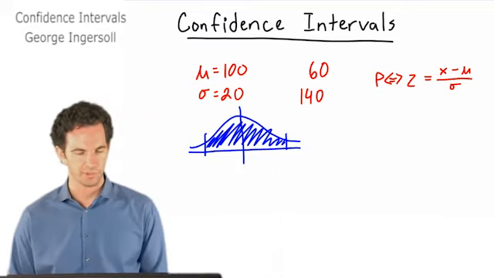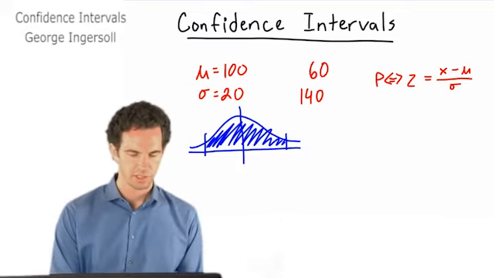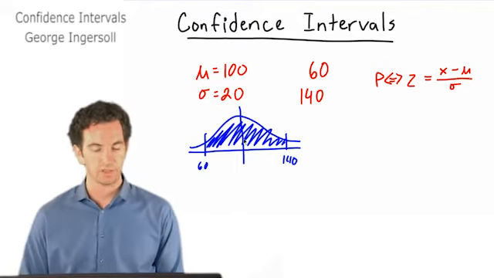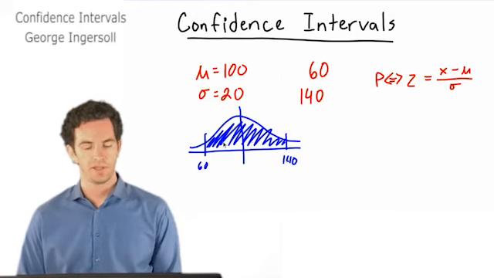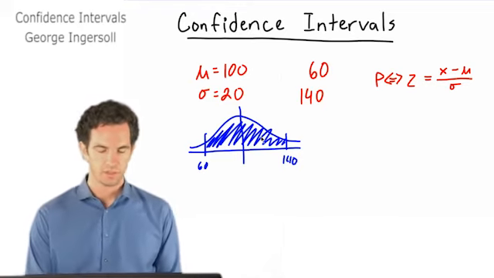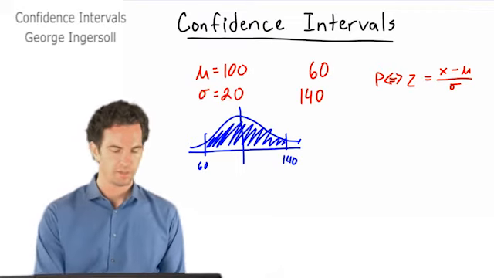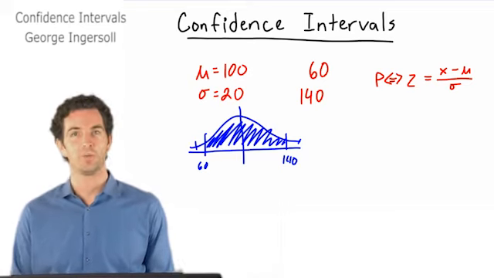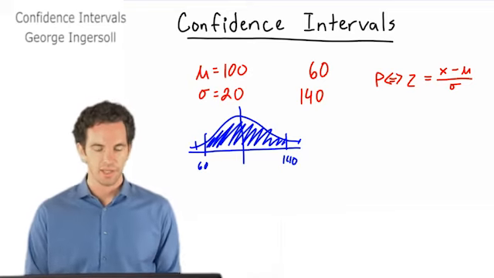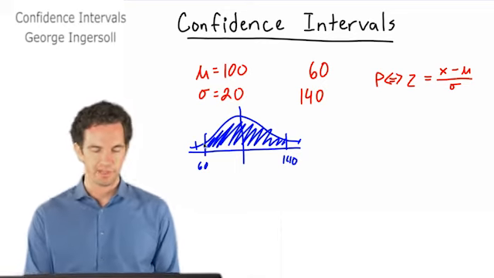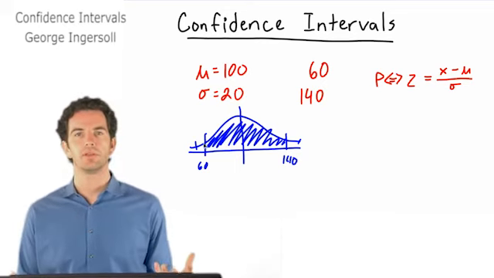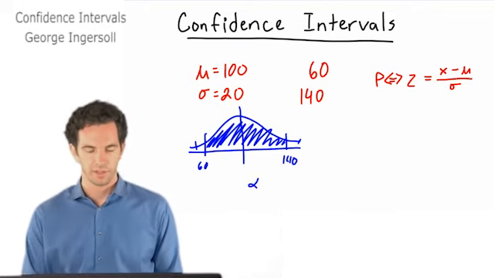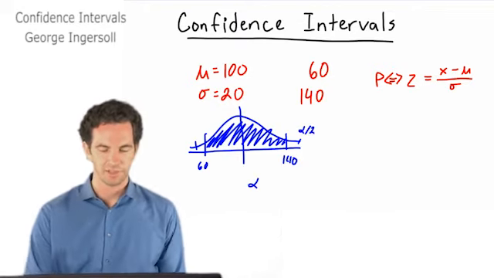So for our previous example, we used 60 and 140, and all of this area in the middle was 95%. That meant that out here, this is the part where we're not as confident. This is 1 minus our confidence. We call this the alpha, the chance that we're not right. Call that alpha, and it's represented by that. This is actually going to be alpha divided by 2.